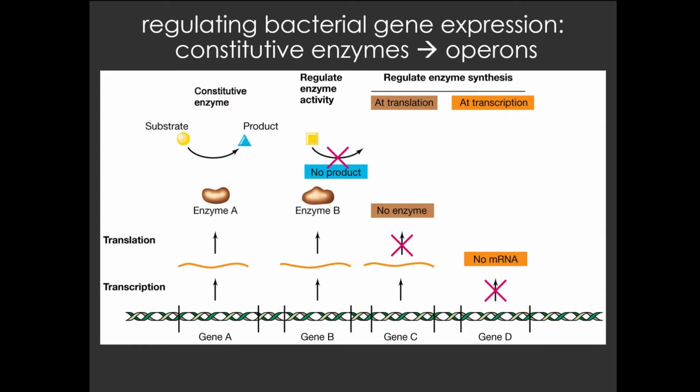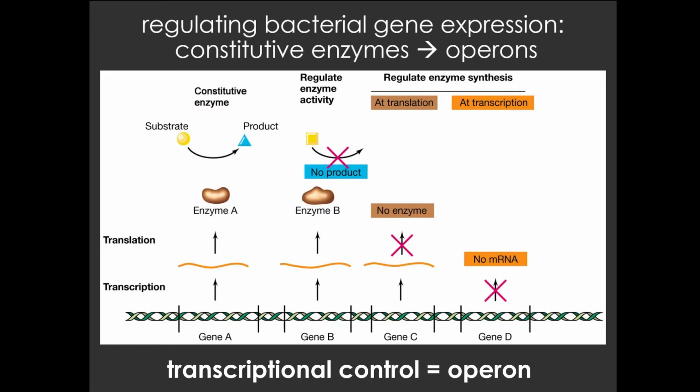We can have translational control, where gene C is transcribed, but it is not translated. Now, that's not something that we're going to talk about in this lecture, but we are going to talk about strategy D, which is the transcriptional control of this enzyme.